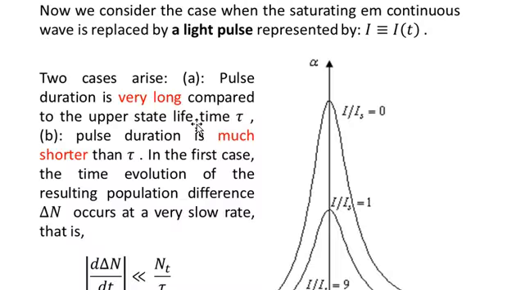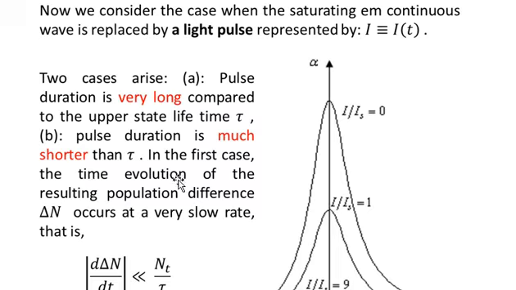It means that the upper state lifetime tau is very short in comparison with the pulse duration. And the second case is when the pulse duration is much shorter than the upper state lifetime tau. Let's first address the first case.